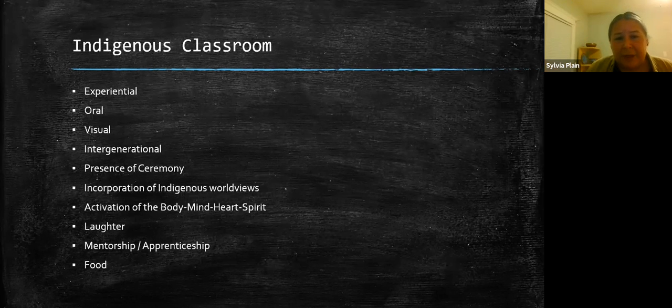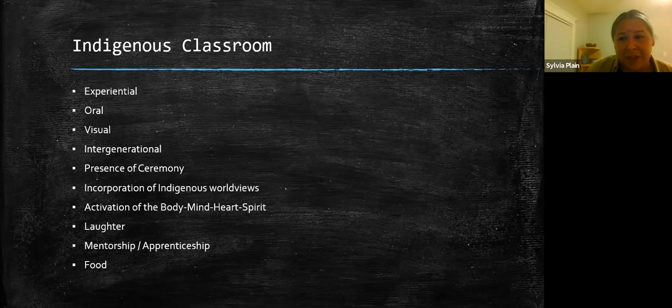The Indigenous classroom is experiential, oral, visual, intergenerational. There should be a presence of some sort of ceremony, incorporation of Indigenous worldviews. And when I say activation, this doesn't come from me, there are many other teachers within Indigenous nations.